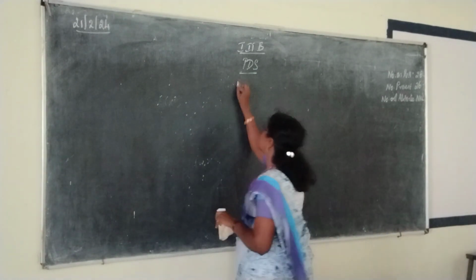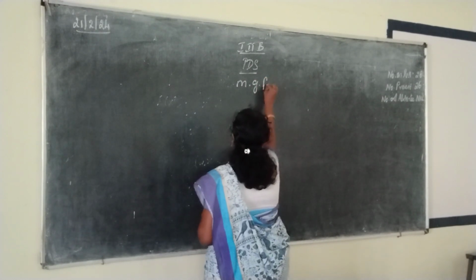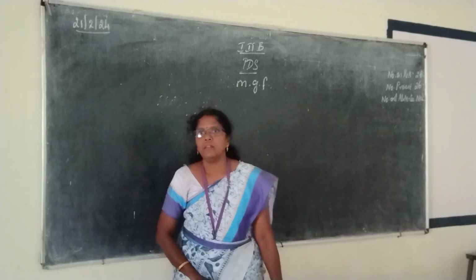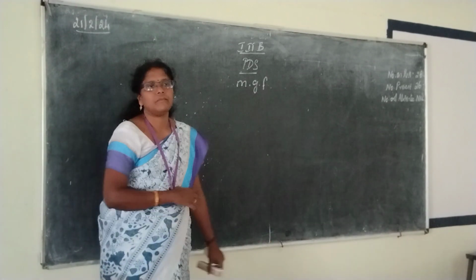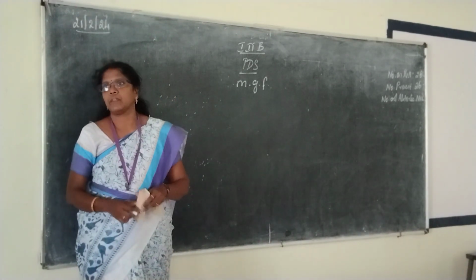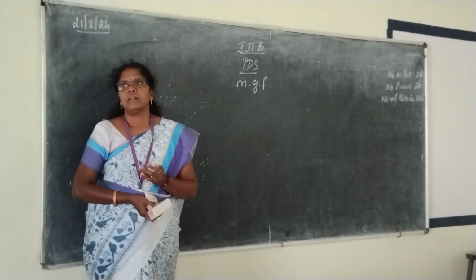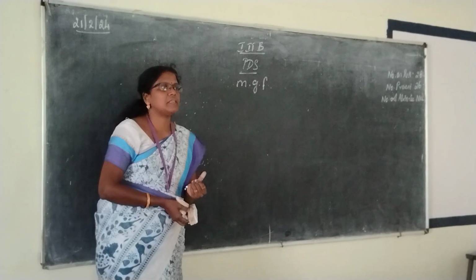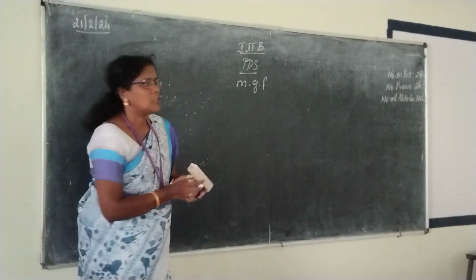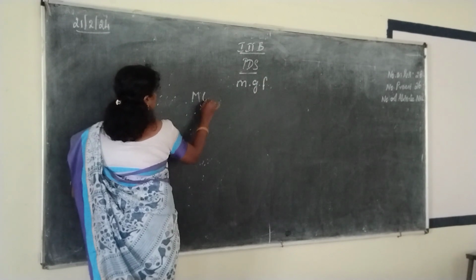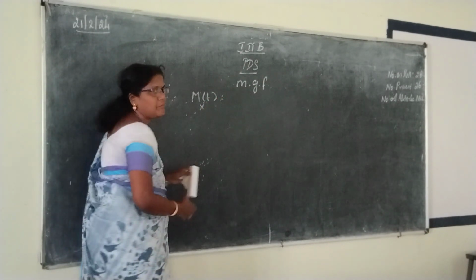The moment generating function is defined as, so the symbol for that is capital M suffix x of t, Mx of t.